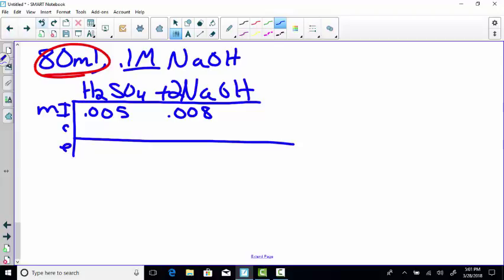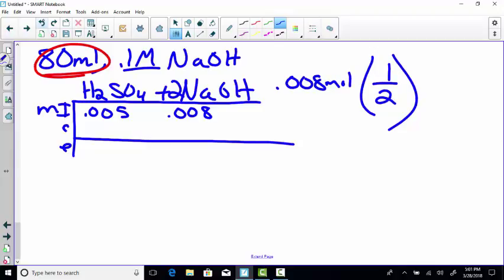If you need to do the calculation, keep doing it. Okay, so still a 2-to-1 ratio, so 0.008 moles times our 1-to-2 mole ratio. It's the same mole ratio I've been doing. I'm now getting lazy. So this is 0.004 moles of H2SO4.